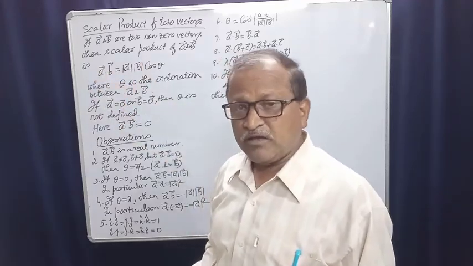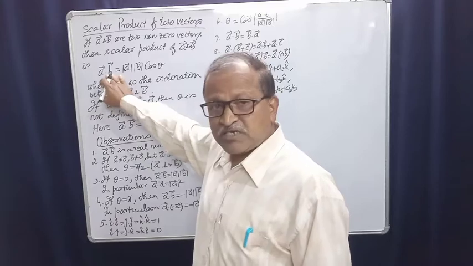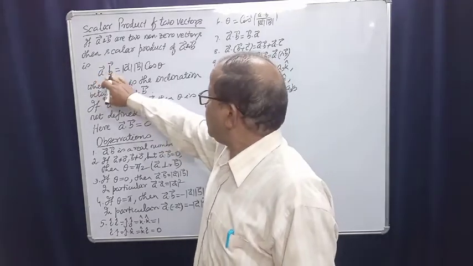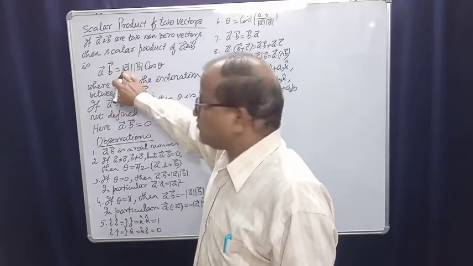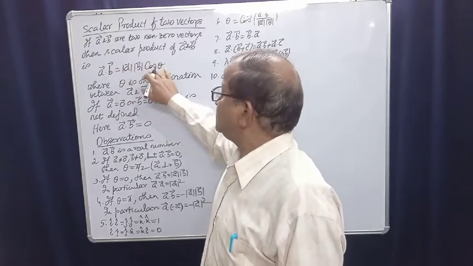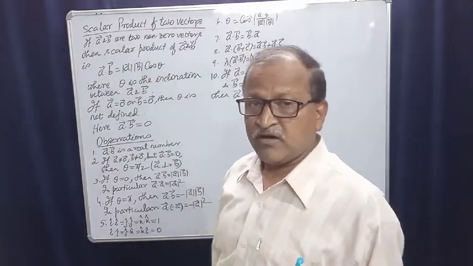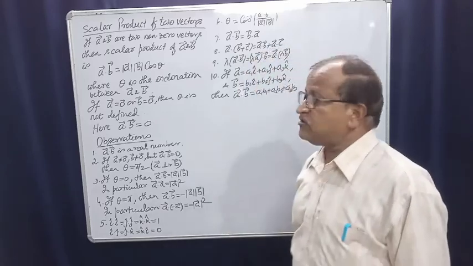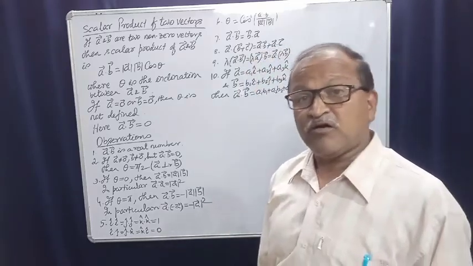A dot B is represented like this, and A dot B is defined as magnitude of A into magnitude of B cos theta.